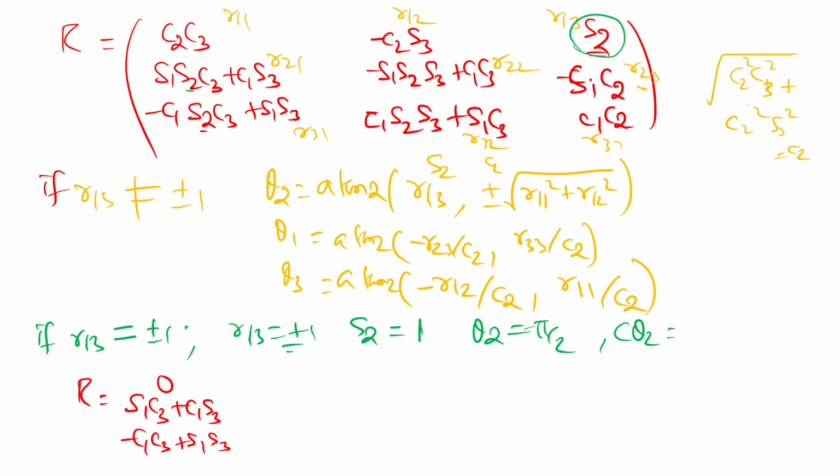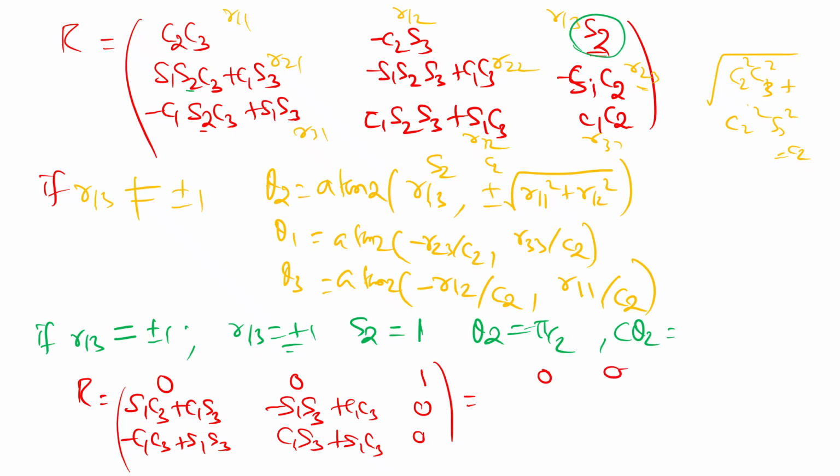Then in this row, C2 is 0, so it will be 0. When we substitute S2 equal to 1, it will be minus S1 S3 plus C1 C3. And in this, if we substitute S2 equal to 1, it is C1 S3 plus S1 C3. Then S2 is 1, C2 is 0, C2 is 0. In simple terms, we can write 0, 0, 1.